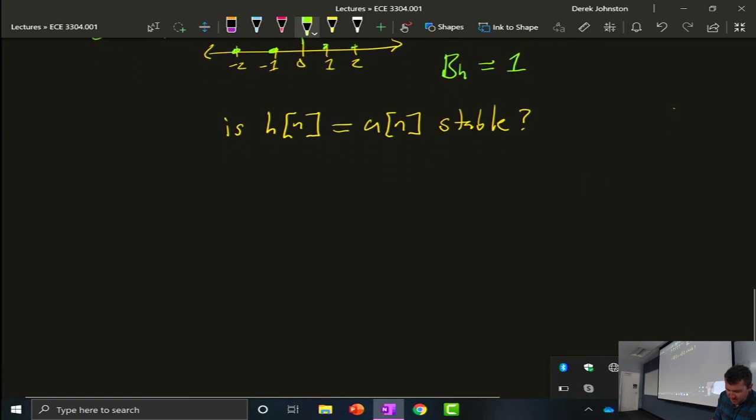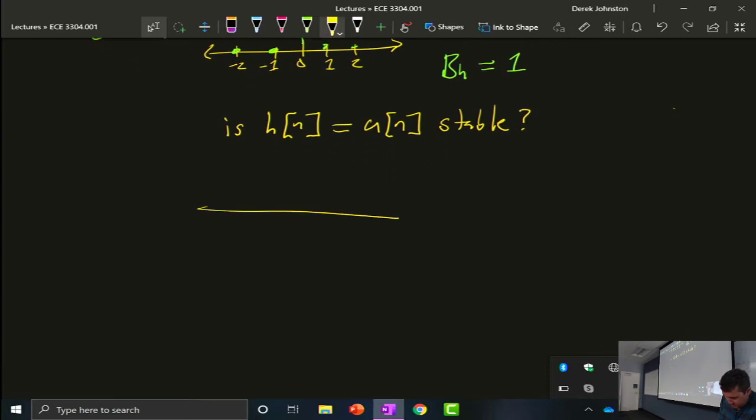So for u of n, we sort of do a lame job of drawing. It's 0, 0, and then 0 goes to 1, and then it's 1, 1, 1. It stays that way forever. So what is b of h equal to?